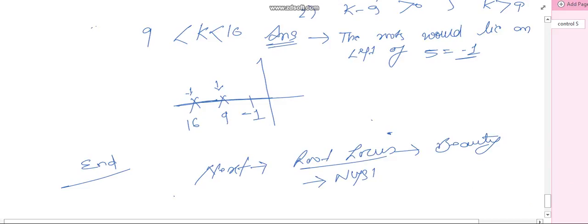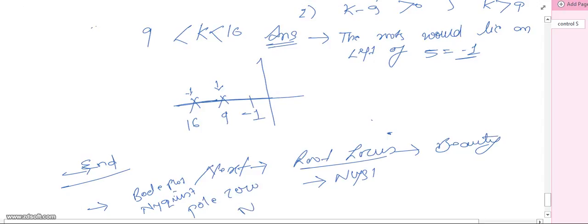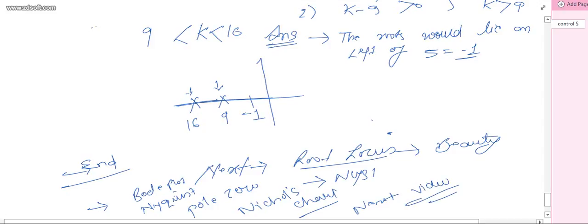Then you have Nyquist plot, then other ones like Bode plot, then Nichols chart. So these are all other methods of understanding stability. So this we are going to deal with in the next video. Thank you.